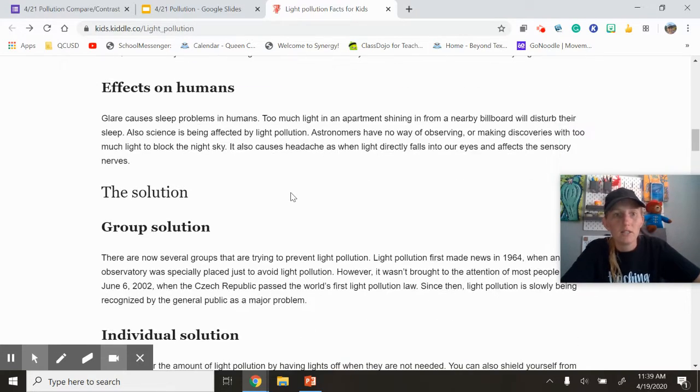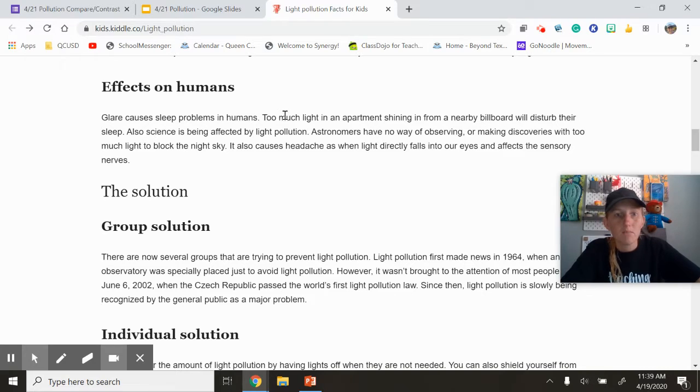The effects on humans. Glare causes sleep problems in humans. Too much light in an apartment shining from a nearby billboard would disturb their sleep. Also, science is being affected by light pollution. Astronomers have no way of observing or making discoveries with too much light blocking the sky. It also causes headaches when light directly falls into our eyes and affects sensory nerves, so it affects our health overall.